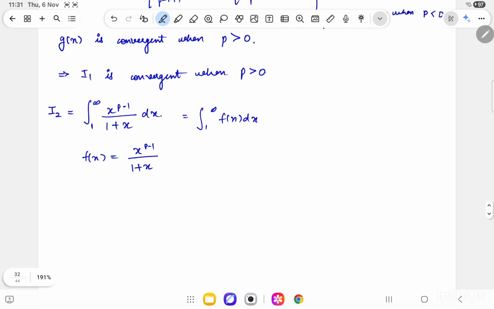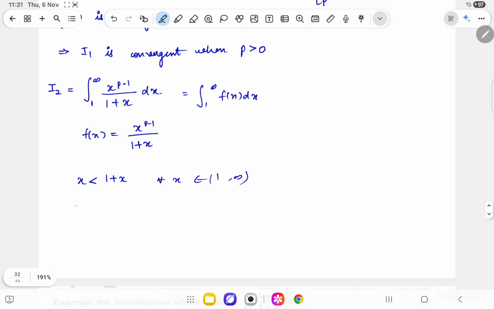Now if you observe that x is less than 1 plus x for all x lying between 1 and infinity, from here I'll get 1 by 1 plus x is less than 1 by x. If I multiply by x raised to p minus 1 on both sides, I'll get x raised to p minus 1 divided by 1 plus x less than x raised to p minus 1 divided by x, which equals x raised to p minus 2.